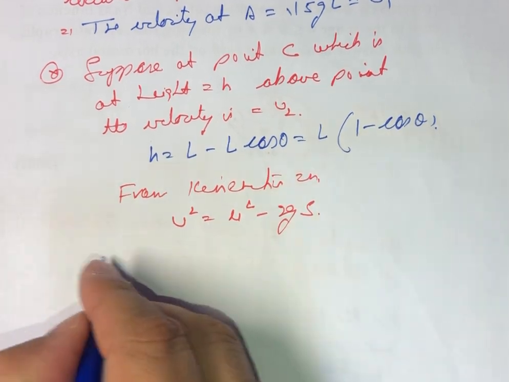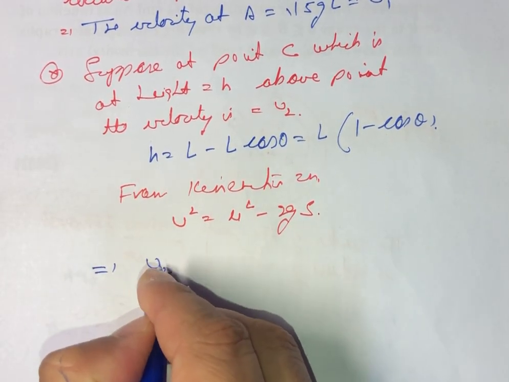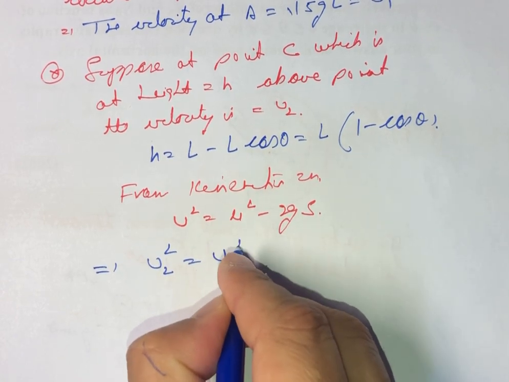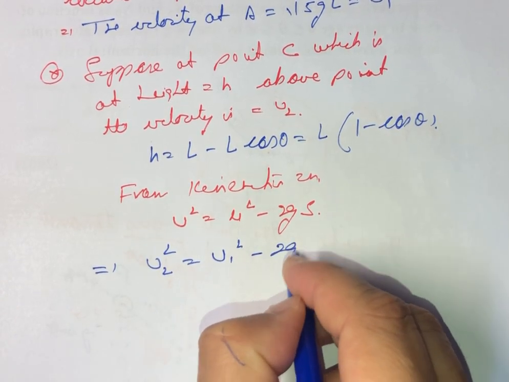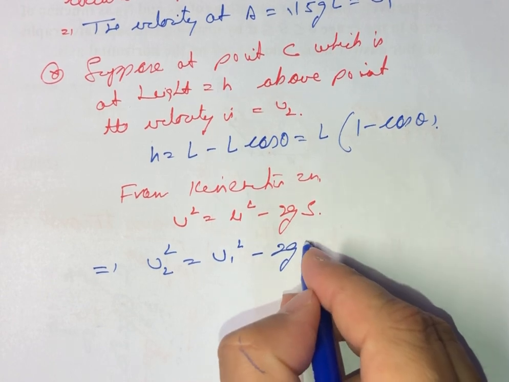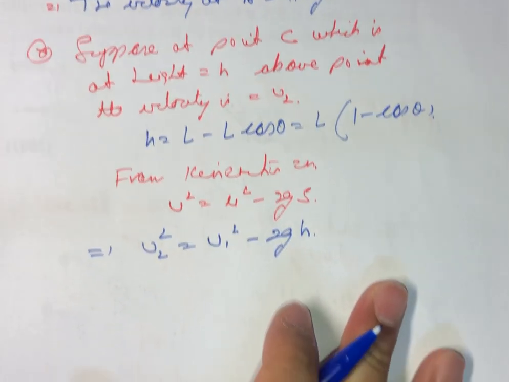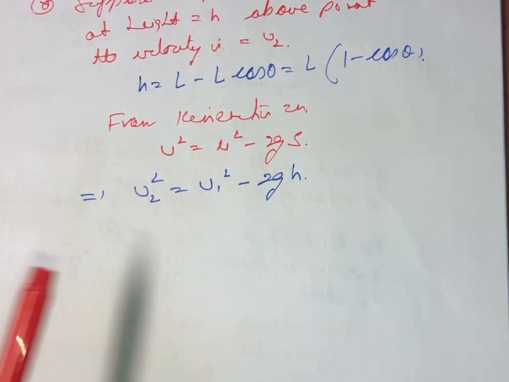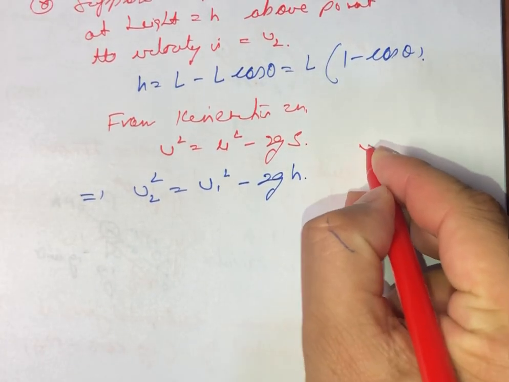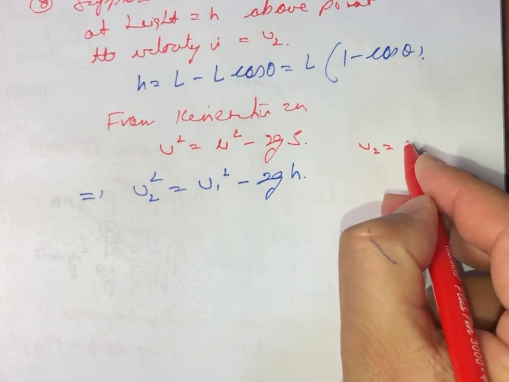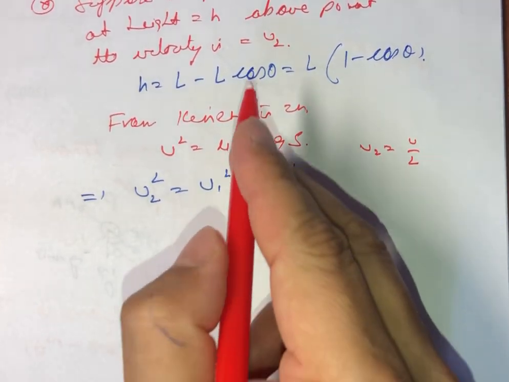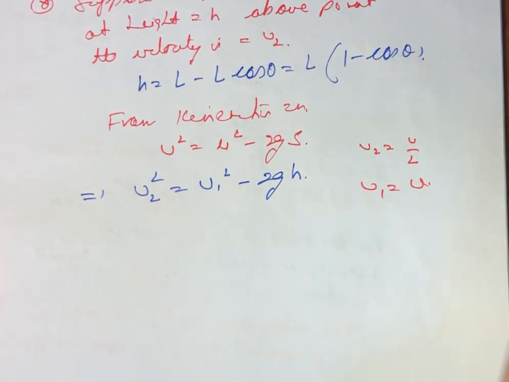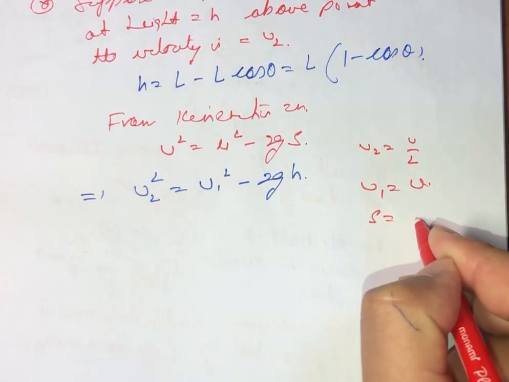So v2 square is equal to v1 square minus 2g times the vertical distance traveled, which is h. Now we put in the values: v2 is the velocity at C, which is v by 2, v1 is the velocity at A, which is v, and s is equal to h.